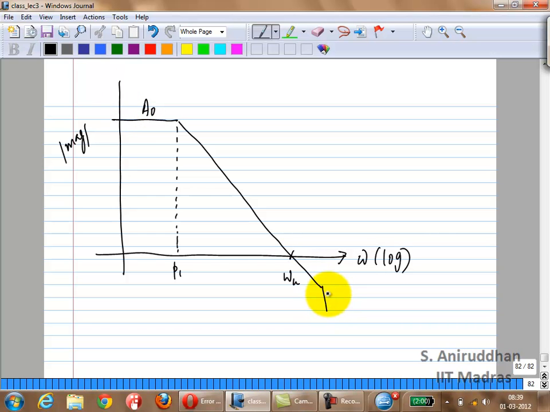After this you may get the other poles, but ideally that's what we want. How do you find omega u? It is A naught into P1. We already know what A naught is, we know what P1 is.